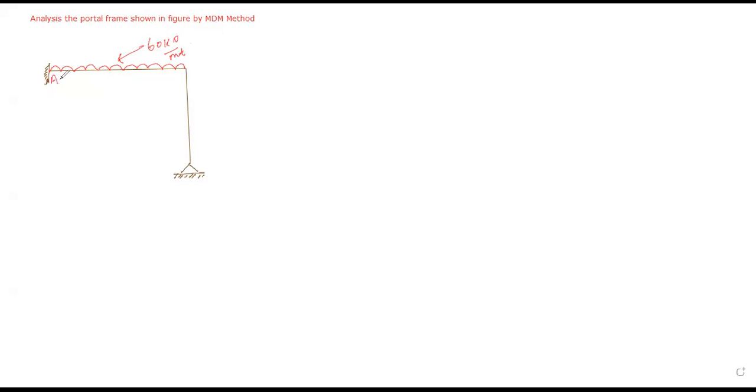This is the point A, this is the point B, and this is the point C. This length is 6 meter. This length is 3 meter. Your moment of inertia for AB is 3I, and your moment of inertia for BC is I. Up till here is it clear to all of you?